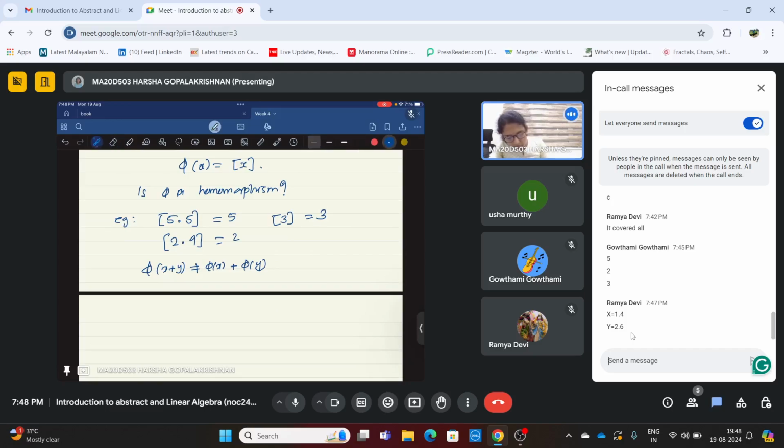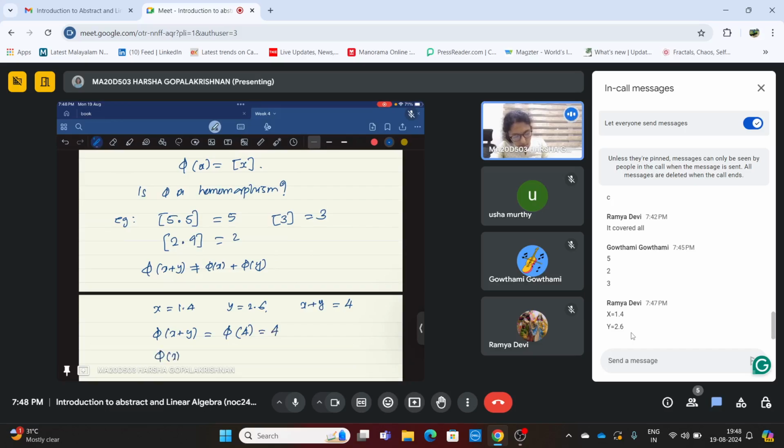Let me check. x equal to 1.4 and y equal to 2.6. So what is phi of x plus y? What is x plus y? x plus y equals 4, right? So phi of x plus y equals phi of 4, which is 4.